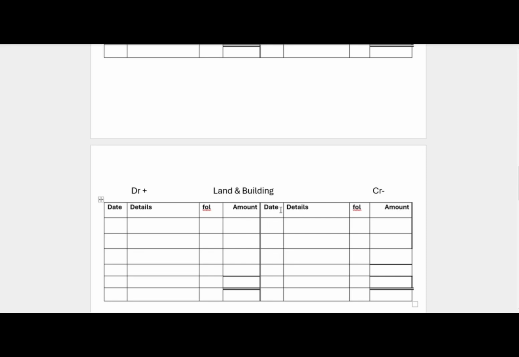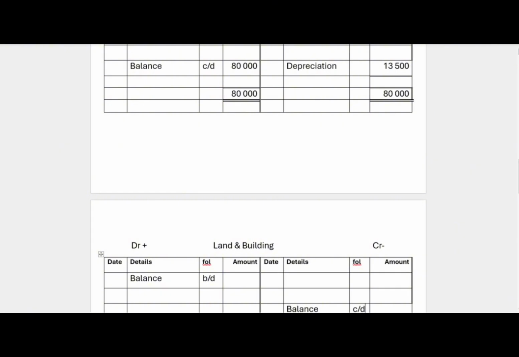All right, so land and building as well is an asset account. We're gonna have balance brought down there, and then we're gonna have our balance carried down, which is the closing balance. And then let's go and check that first, because we are done with vehicle, right?